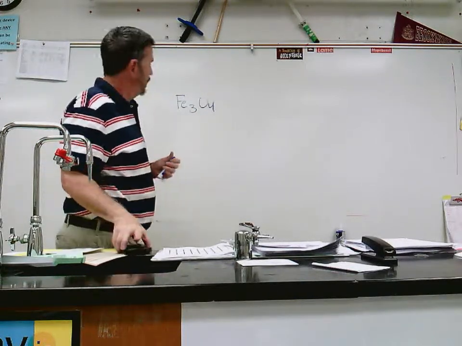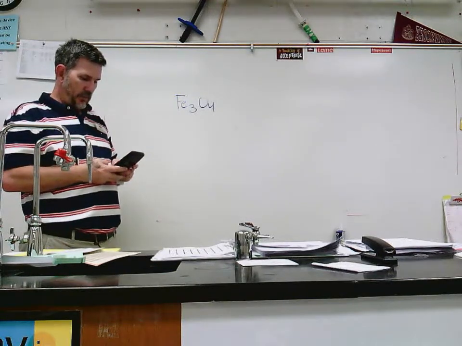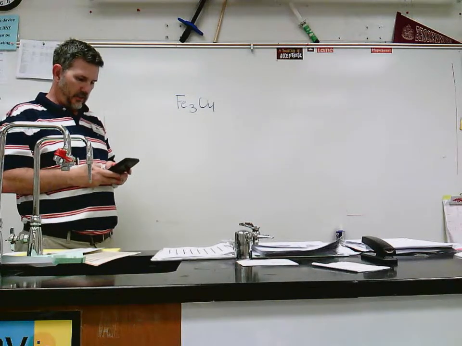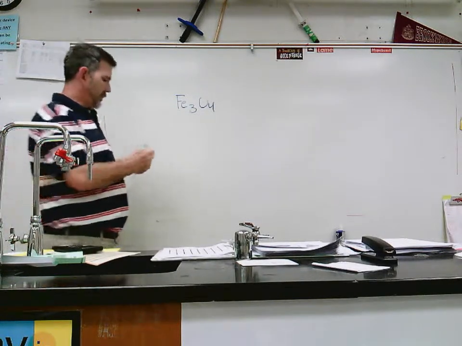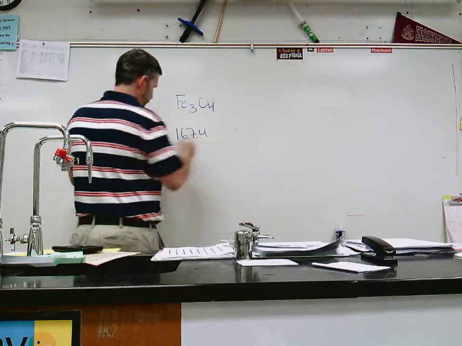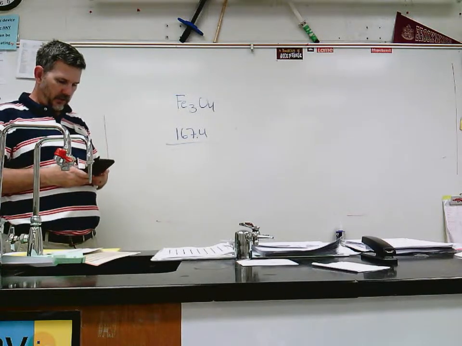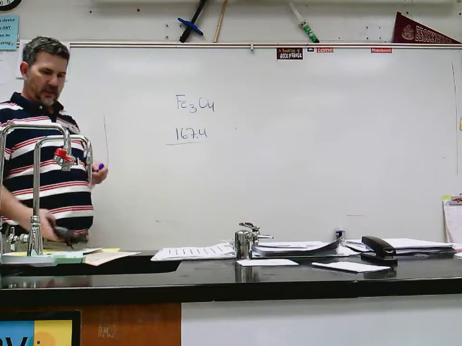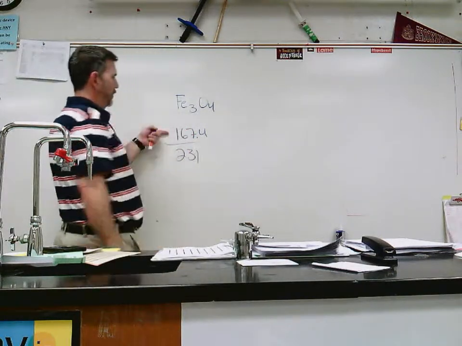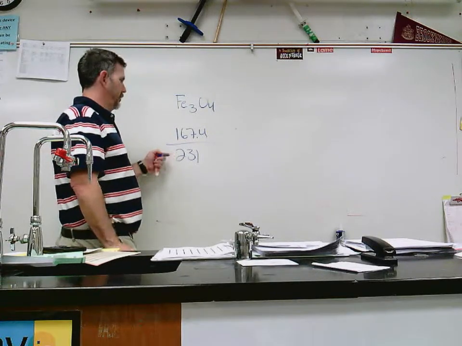So let's see. Iron is 55.8. 55.8 times 3 equals 167.4. So the iron is 167.4. And then we're going to add in 4 oxygens, plus 4 times 16. We'll get 231. Again, this is element mass, total mass.